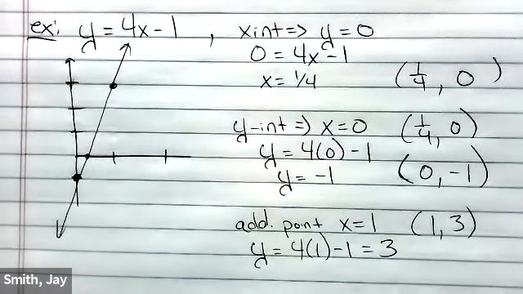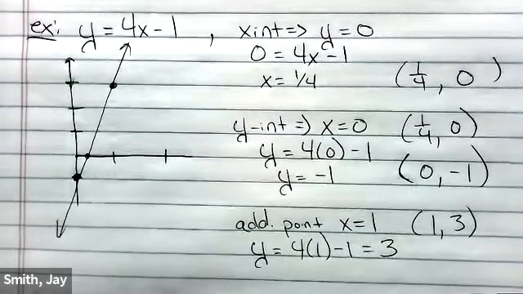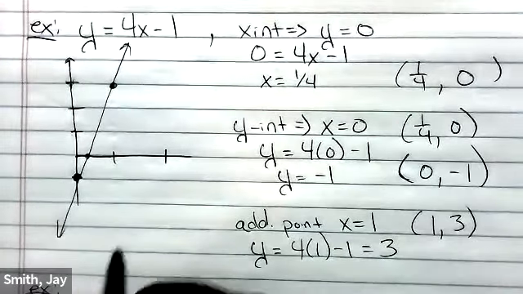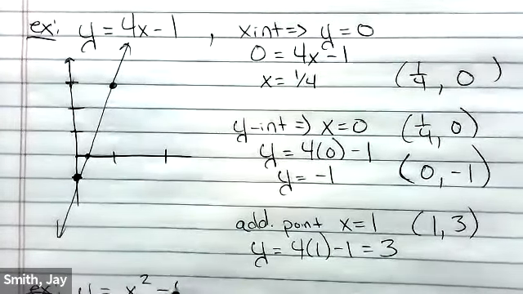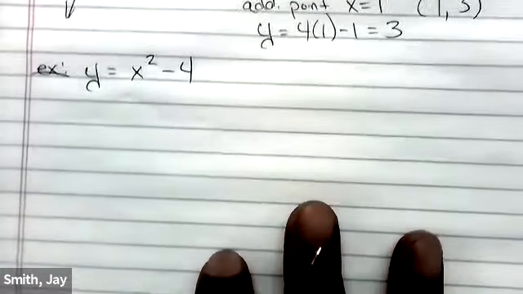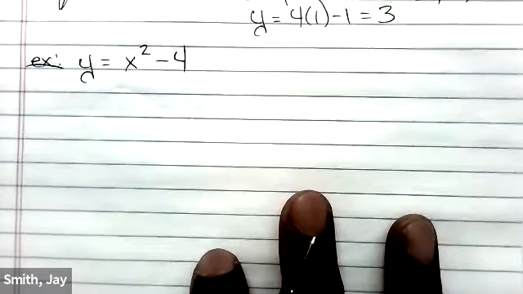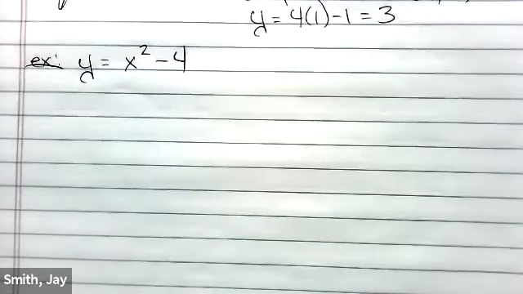All right, next example. This time we're given the equation y is equal to x squared minus 4. We're going to use the same techniques to graph this line, or graph this parabola.